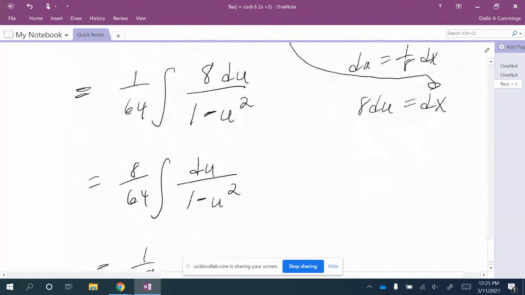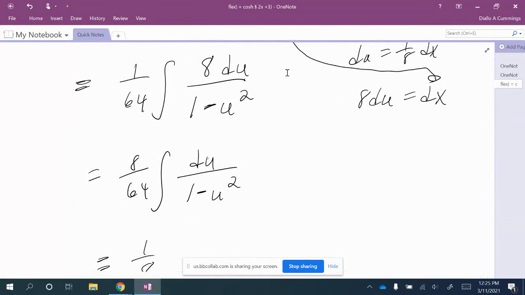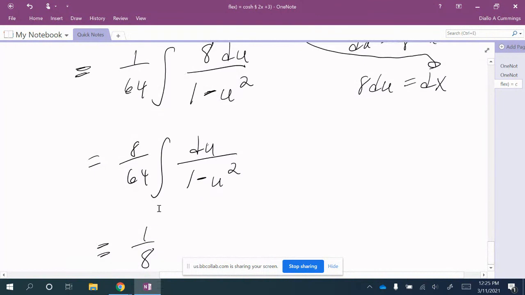Next, I pull 8 in front of the integral operator. So I have 8 over 64 times the integral of du divided by 1 minus u squared. I simplified 8 over 64 to get 1/8. And now I'm going to use the formula to integrate 1 divided by 1 minus u squared.